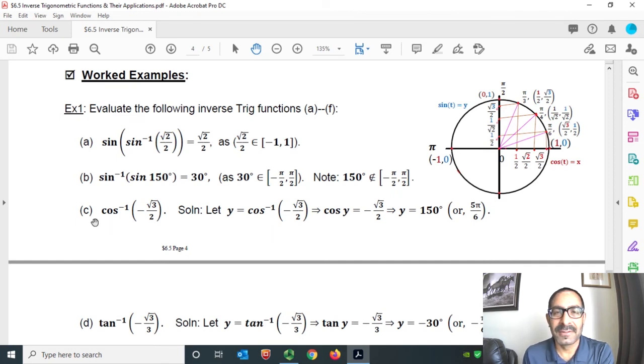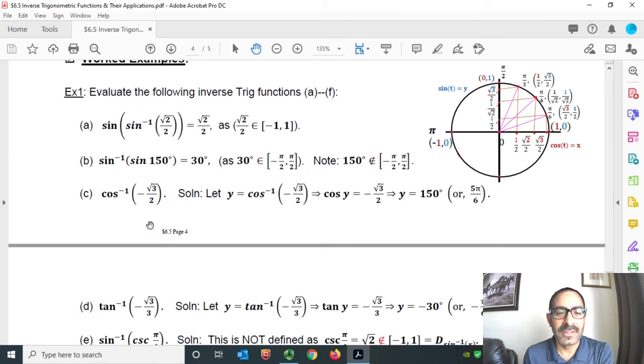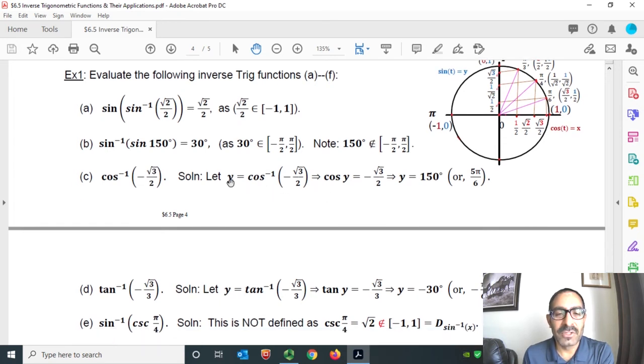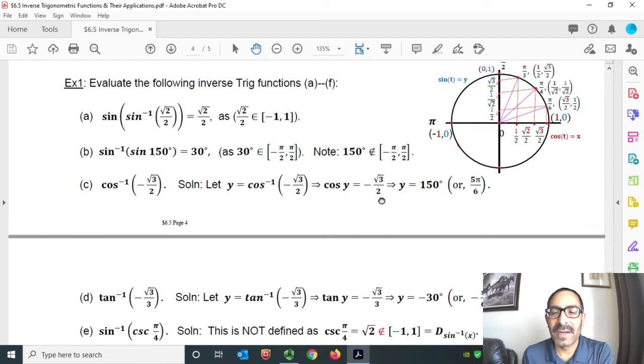Next, C. Find the value of cosine inverse of minus radical 3 over 2. Solution. Let y equal cosine inverse of negative radical 3 over 2. Then we can multiply both sides by the cosine function, and this becomes cosine y equals negative radical 3 over 2.